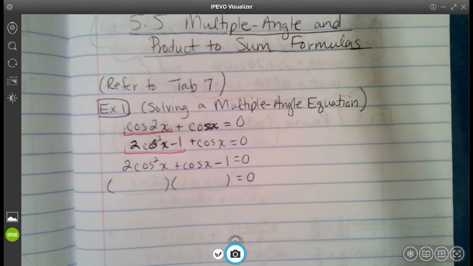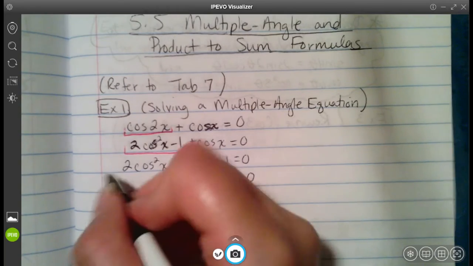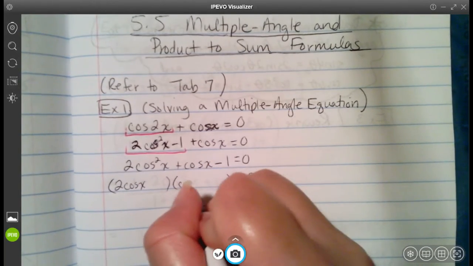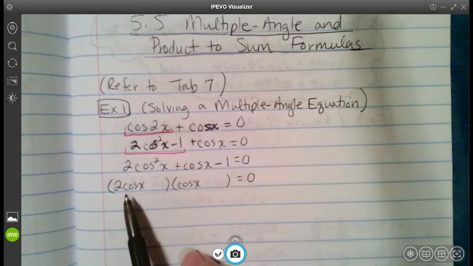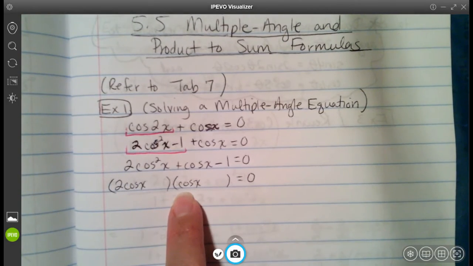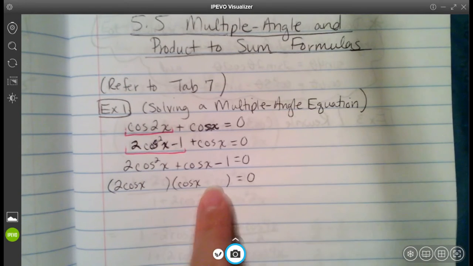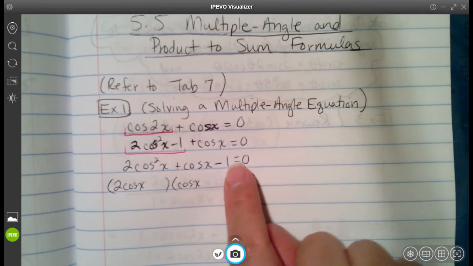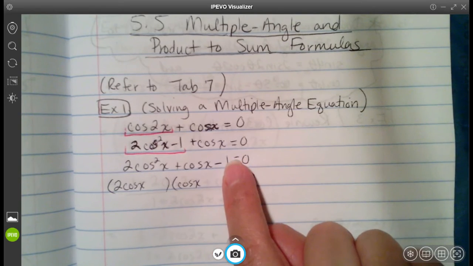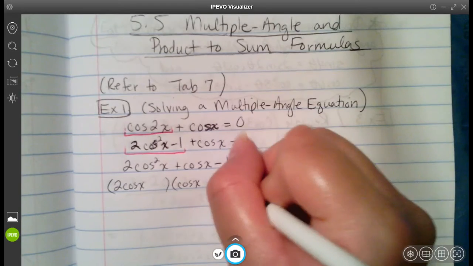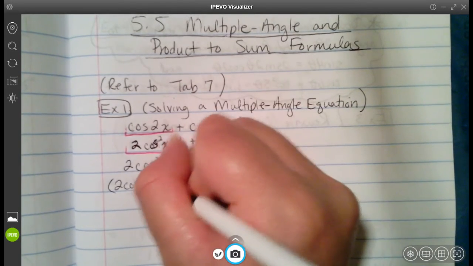For sure I'm going to have a 2 cosine x here and a cosine x here, because if I multiply this times this, that would give me 2 cosine squared x. I'm going to leave that there. For my last term to be a 1, the only thing that's going to multiply to 1 is 1 times 1. So 1 and 1.